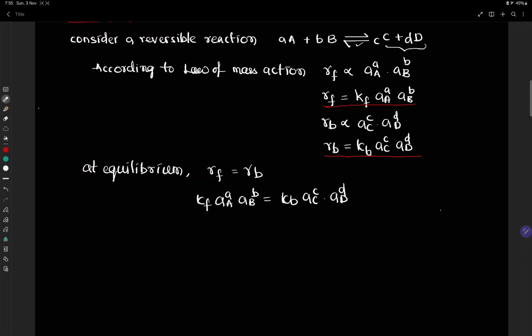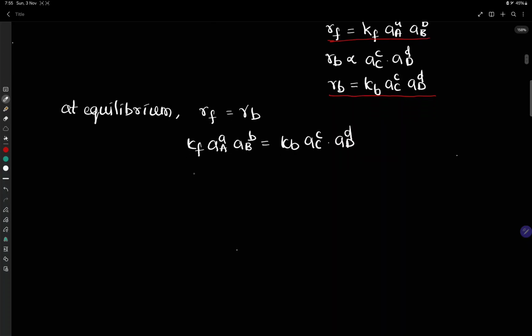Now we can write this equation as Kf by Kb is equal to: this term comes to the denominator on the RHS. Then Kf by Kb is equal to active mass of C power c into active mass of D power d by active mass of A power a into active mass of B power b.